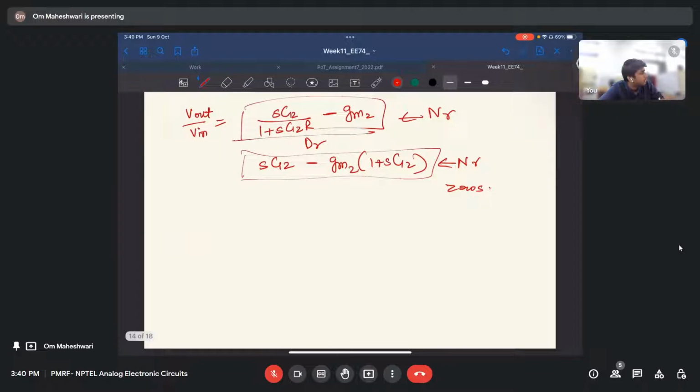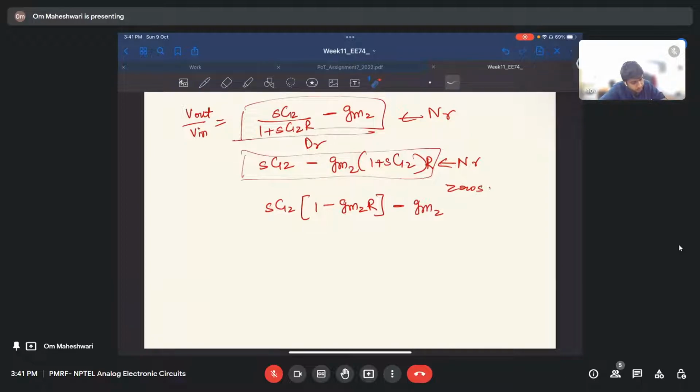Let's take SC12 common. So 1 minus GM2R, minus GM2.